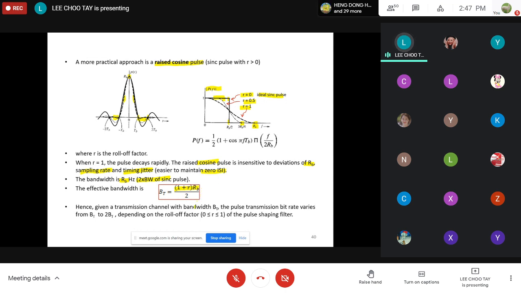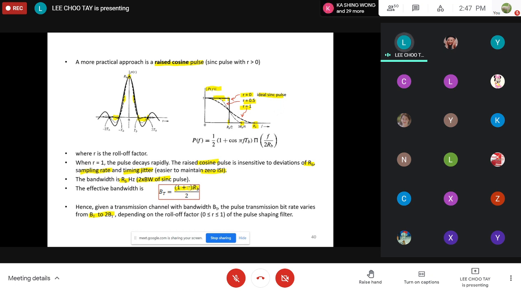So therefore, the bandwidth of the pulse that you send depends on your bit rate. And this bandwidth can be anything between RB over 2 and RB, depending on our roll-off factor.